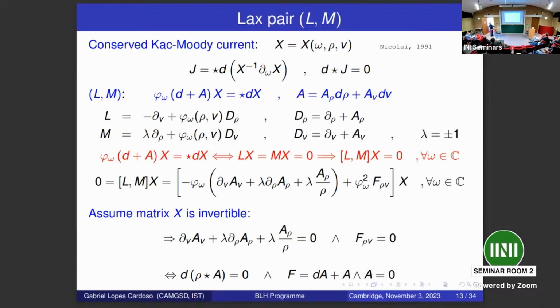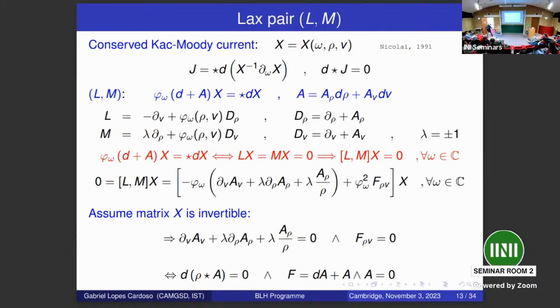You can extract them by taking this matrix one-form J and expanding in inverse powers of W, and its expansion coefficients will give rise to infinitely many currents J of rho, v.